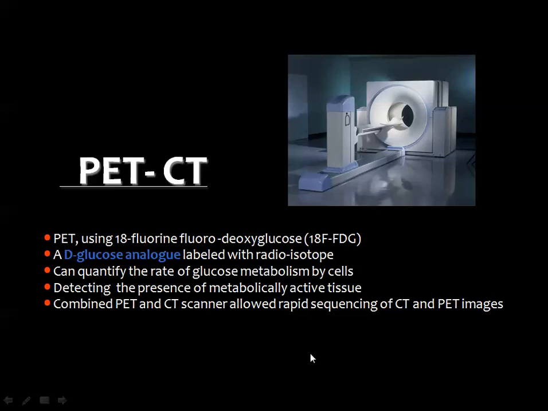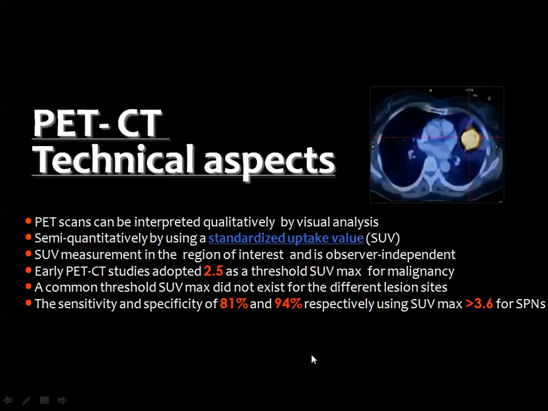This isotope is selectively taken up by the areas of high metabolic activity, and the uptake can be evaluated by vision and can also be evaluated by the machine in the form of this unit, which is the standardized uptake value, or SUV.